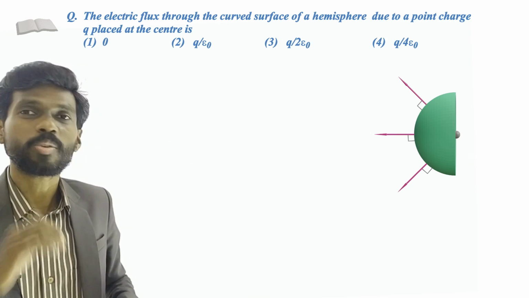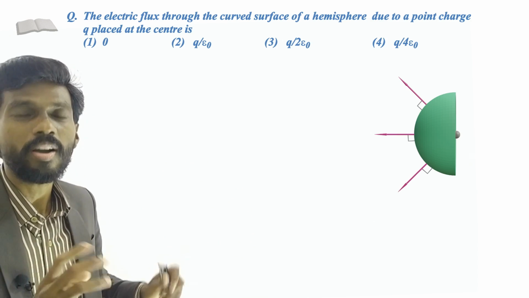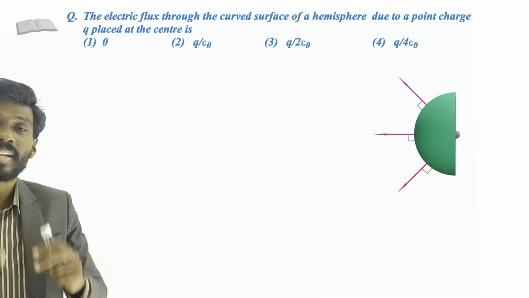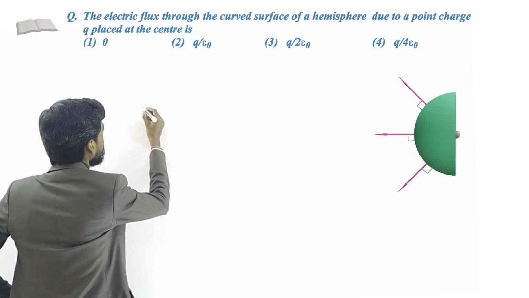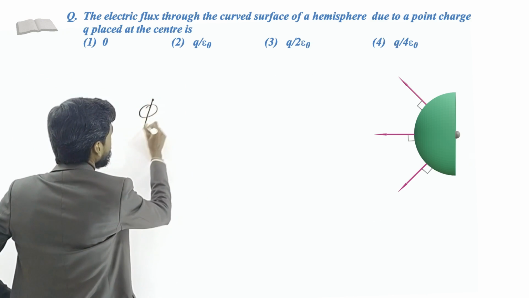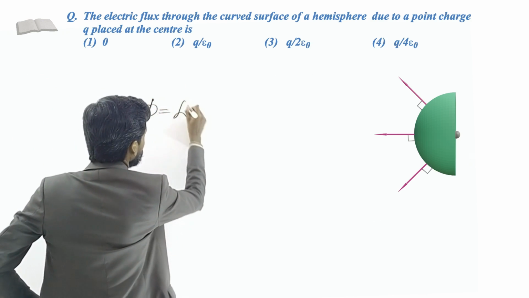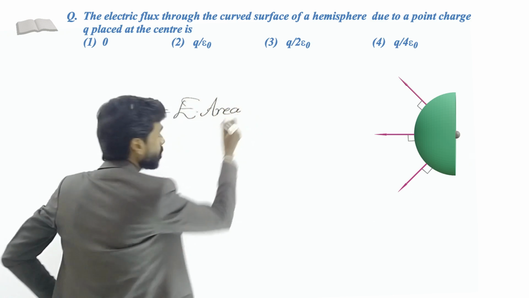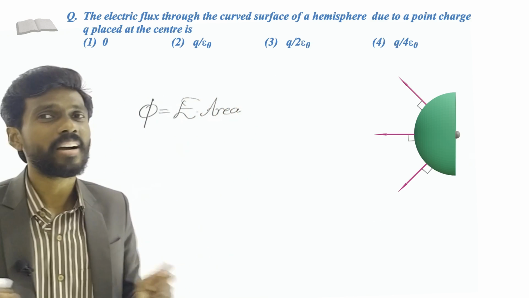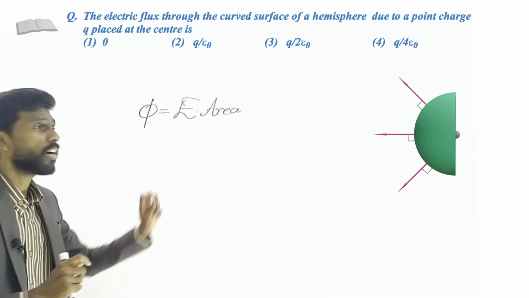Do you understand? So that means it is a direct formula. What is the formula for electric flux when the surface is perpendicular to the electric field line? The flux is simply E multiplied by the area. That's all. No need to take any projection or cos theta, because the angle is already known.